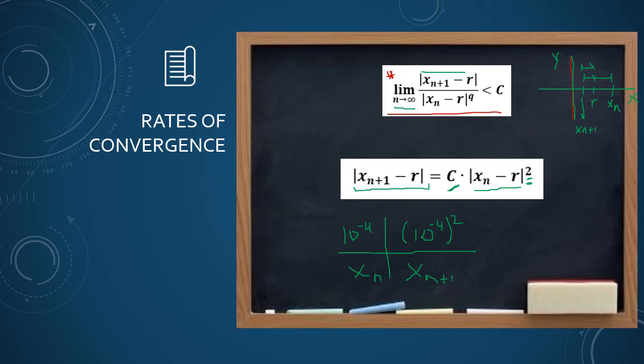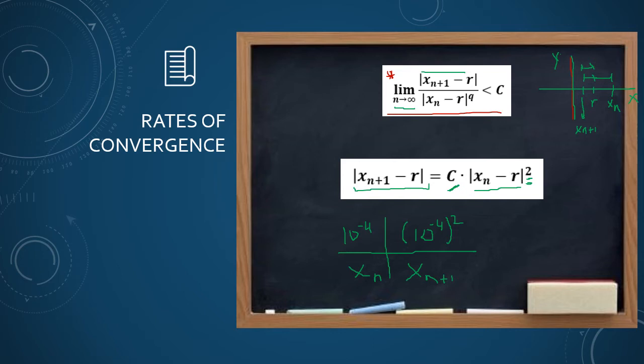And linear, it's not like that. Linear convergence, it's linear, and that's the word. It's not squared. It's proportional to the error. The n plus 1 error is proportional to the n error.